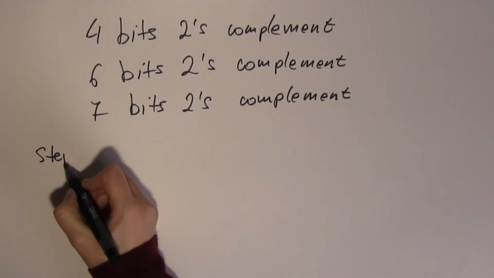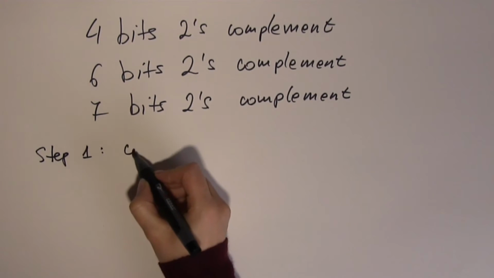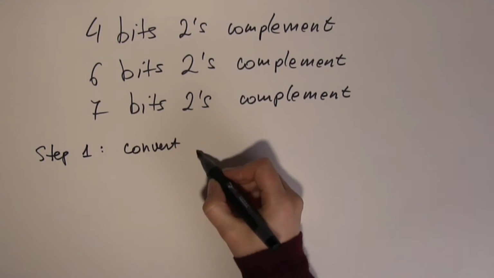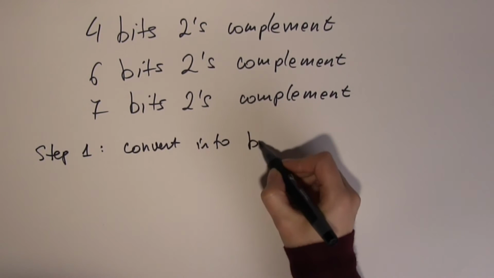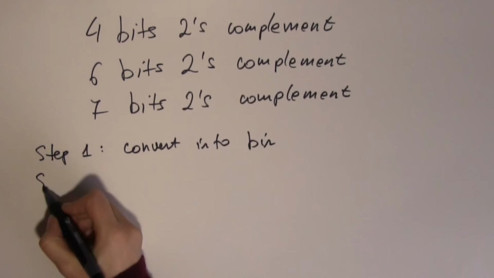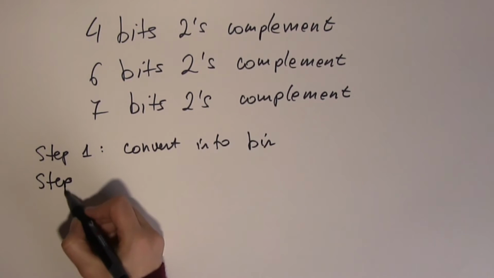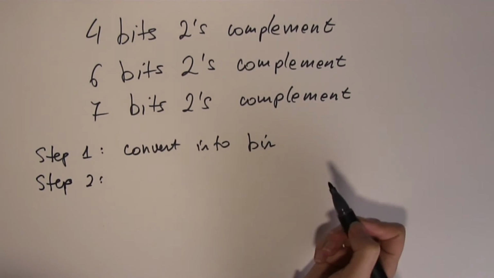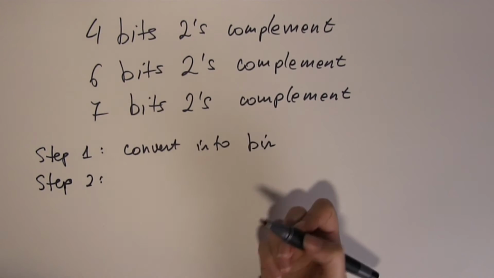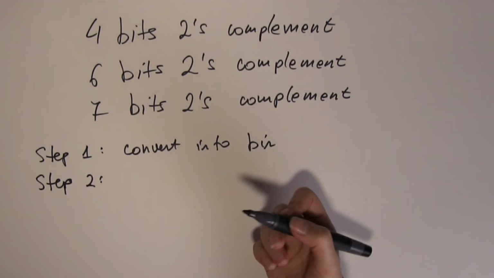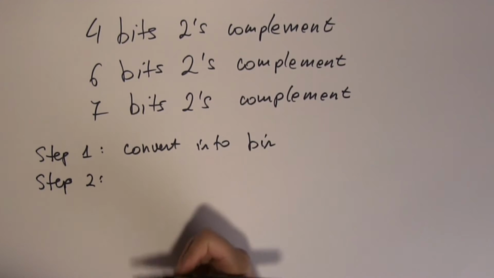So step 1 will be convert into binary. Step 2 will be, and this is probably going to sound a little bit confusing, but when it comes to showing it, you will see that it's actually not too difficult.